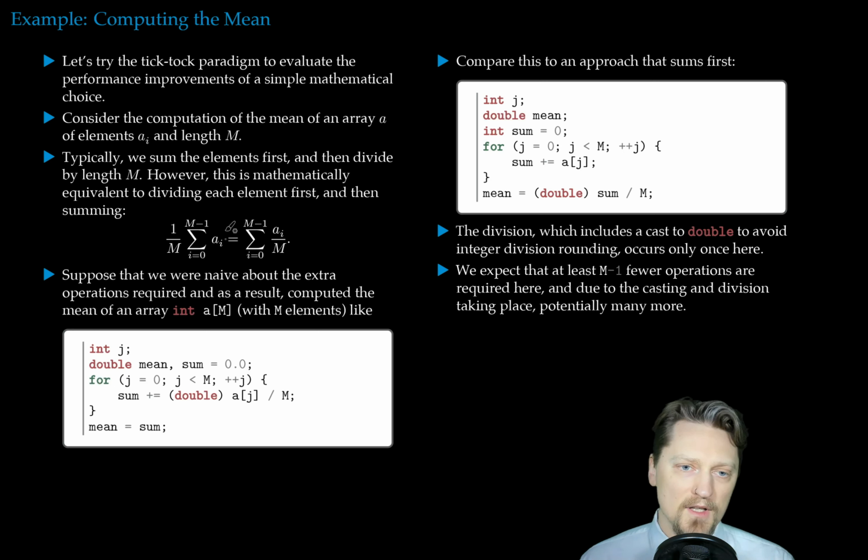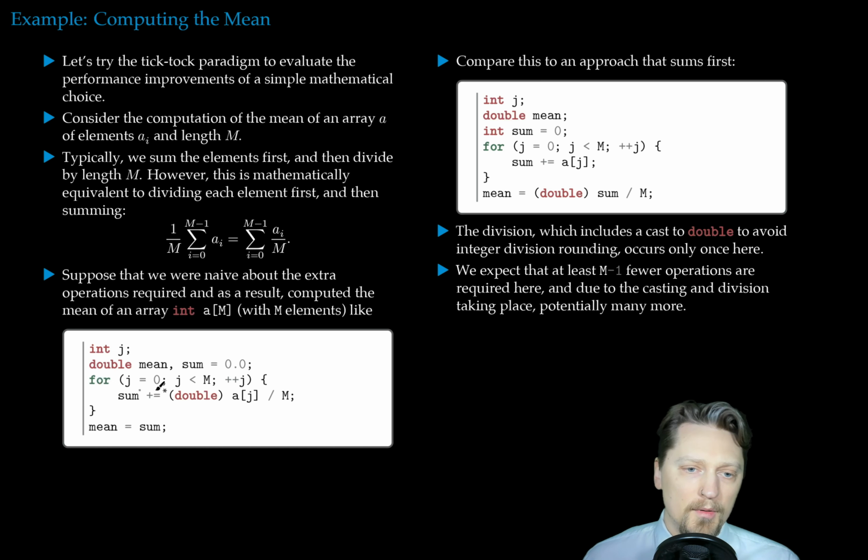So we can either sum them up, then divide by m, or we can divide each element by m in the sum. Suppose that we are naive about the extra operations required and as a result, computed the mean of an array int a[m] with m elements, like int j, double mean and sum initialized to 0.